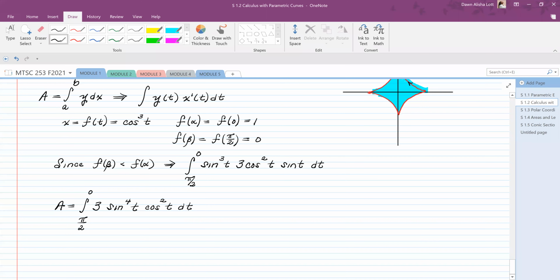How do I integrate that? That's a Calc 2 question.